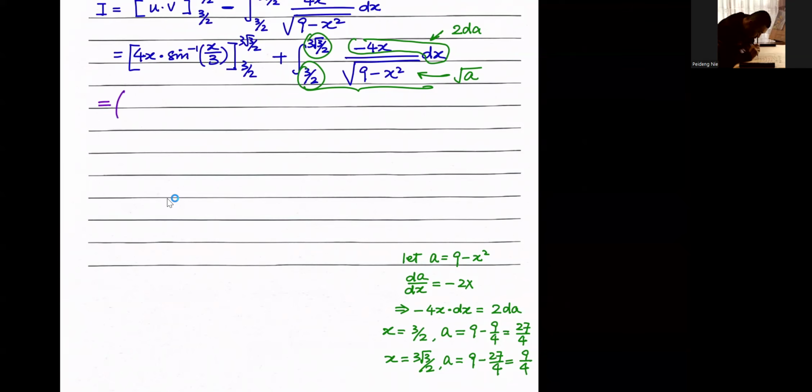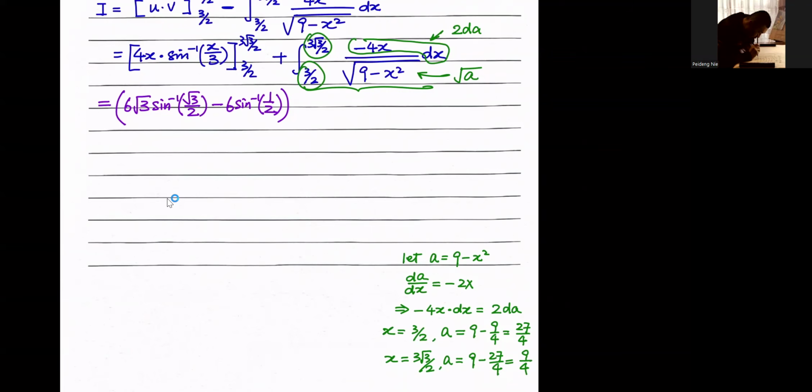What you're going to do next for the first bit of evaluation, you have to multiply 4 times 3√3 divided by 2. So 6√3 sine inverse of √3/2, subtracting, let's say, 6 sine inverse of half. We multiply 1/3 by 3/2, okay?